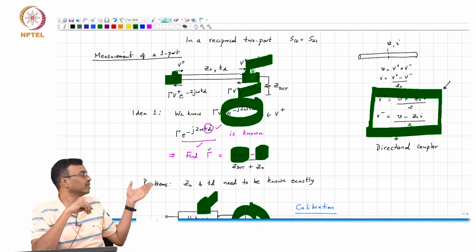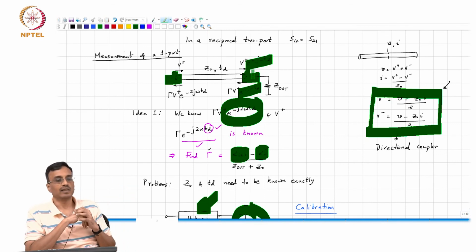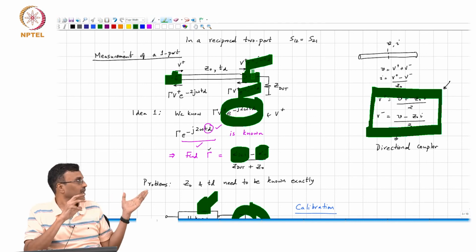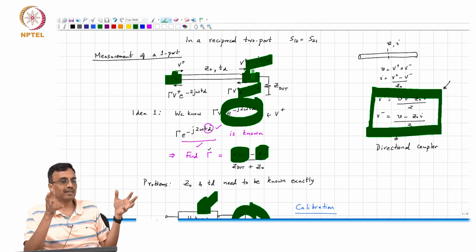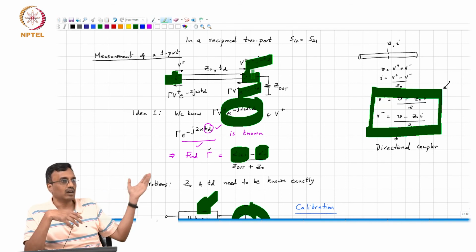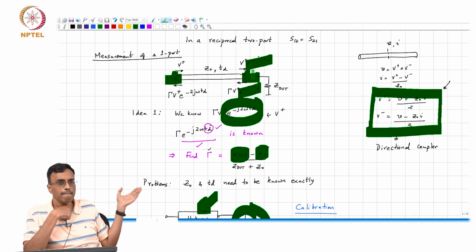So at high frequencies, if the physical dimensions of the circuit you are working with are comparable to a small fraction of the wavelength, that is when all these distributed effects become important.